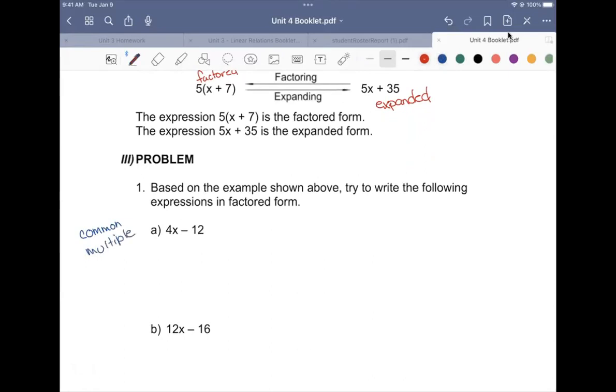If I take a look here, I know that 4 is divisible by 4 and 12. So I could make a factored form of 4 times 4x divided by 4 just gives me x, and -12 divided by 4 gives me 3.